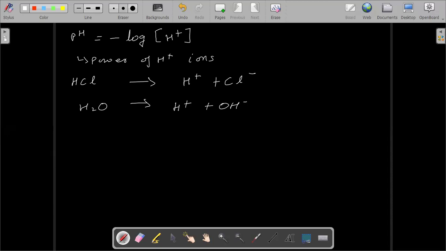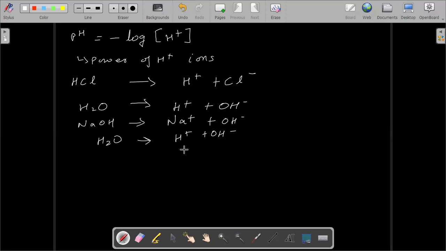Similarly, if you take a base like NaOH, it will dissociate into Na plus and hydroxide ions. Again, this will happen in presence of water. Water gives us H plus and hydroxide ions. So both HCl and NaOH are providing H plus ions as well as hydroxide ions.